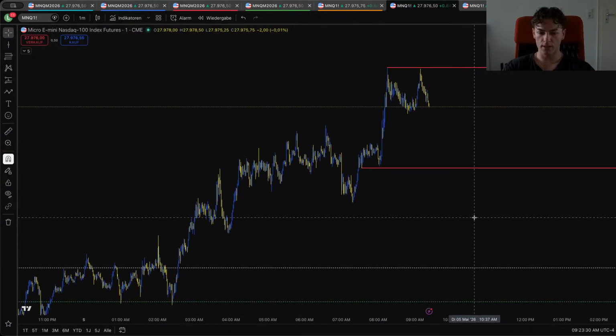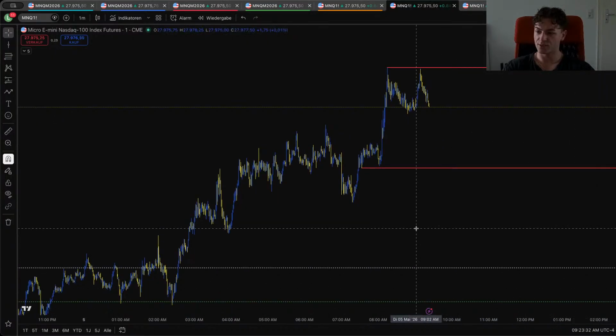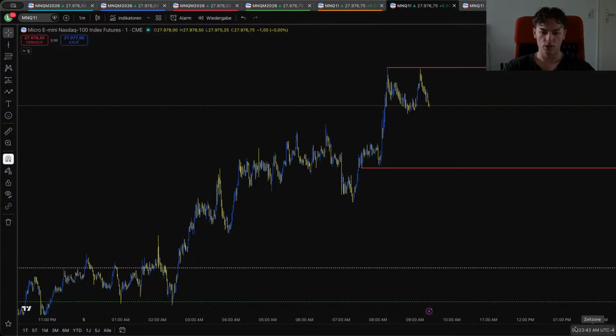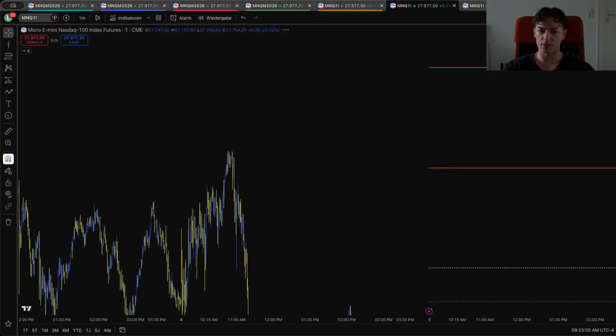Now you want to look at the RTH chart, which is to the right-hand side of this time zone minute marker. When you go to the right, you cannot see it on my screen, but there should stand ETH, and you want to target RTH, which we do right now.